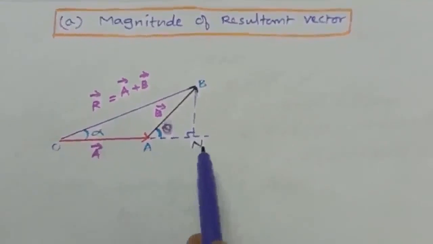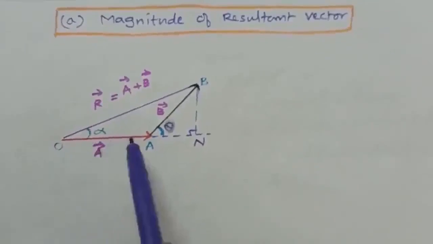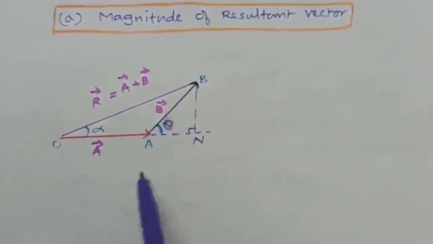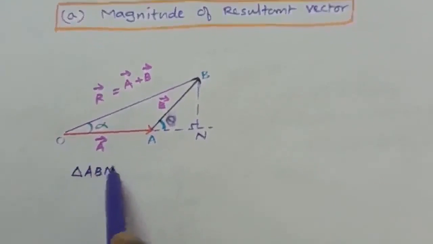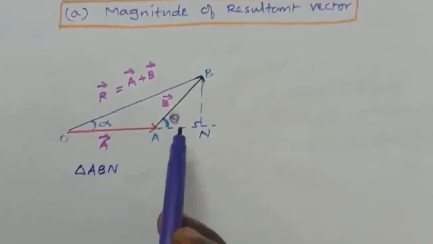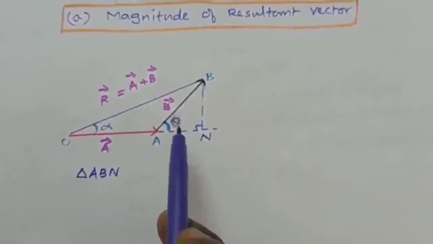Now listen, students. The right angle triangle ABN. Now calculate sin theta and cos theta.